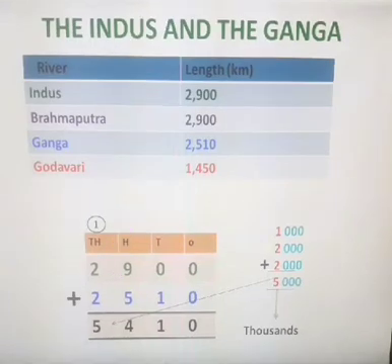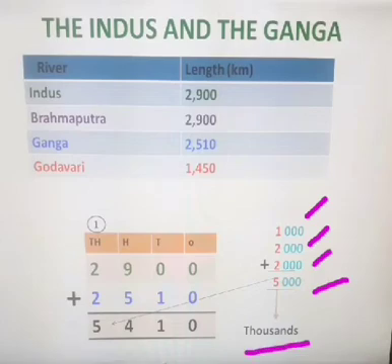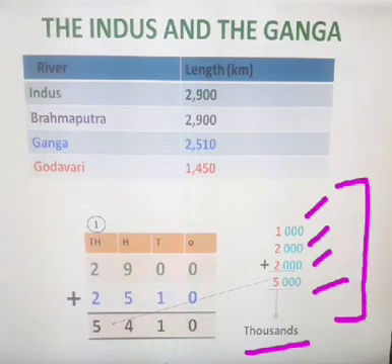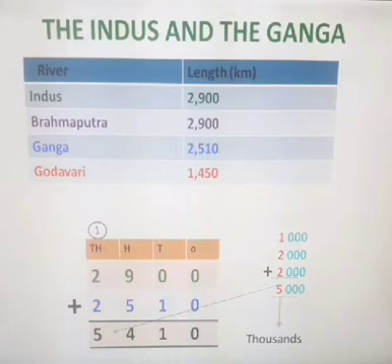So on adding 1000, 2000 and again 2000, it gives you 5000. Here 5 is at thousands place. So after removing these zeros, we will place this 5 in the thousands column. So now children, we have got the length of the Indus River and the Ganga River together as 5410.